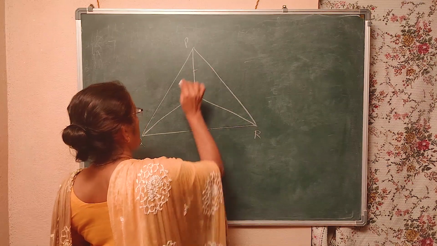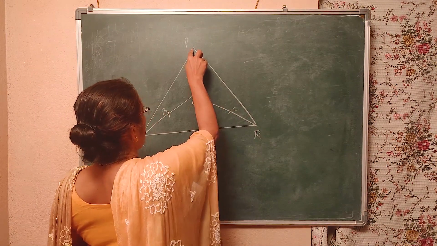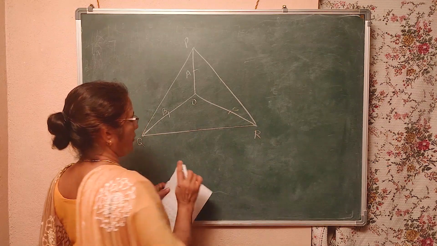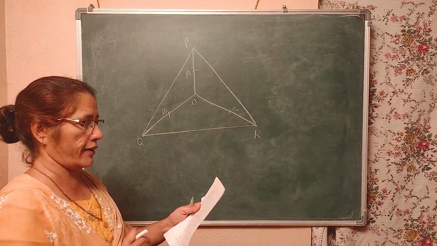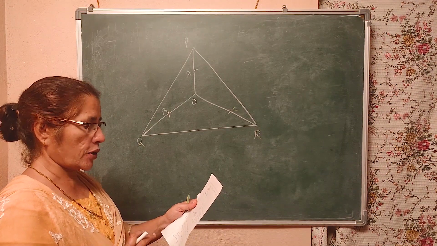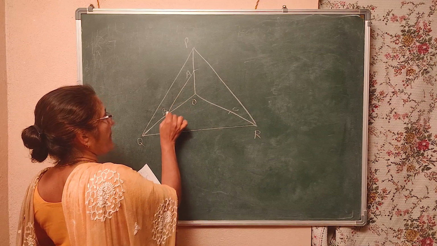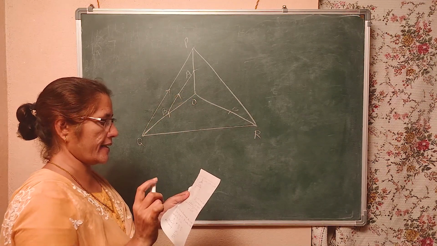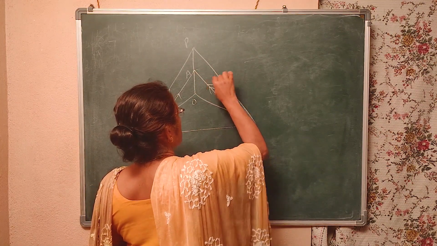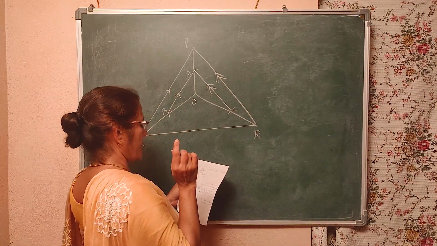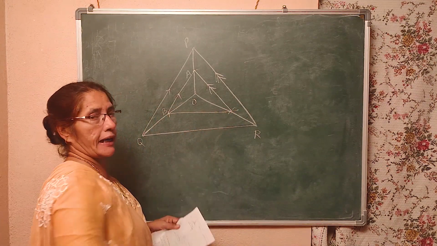Now, A, B and C are the points on OP, OQ and OR respectively, so that AB is parallel to PQ and AC is parallel to PR. Show that BC is parallel to QR.